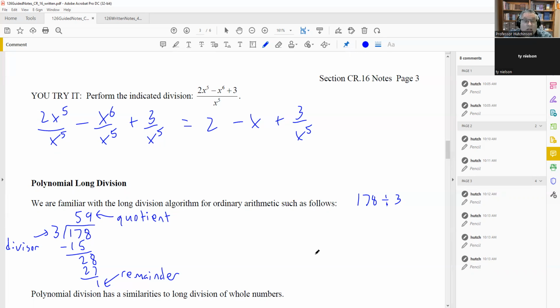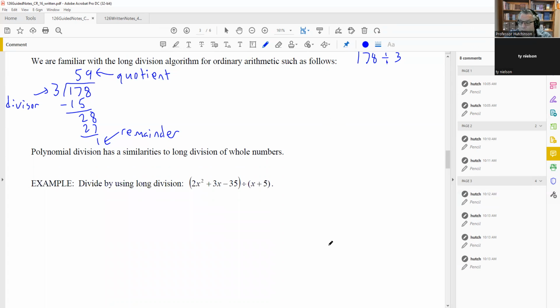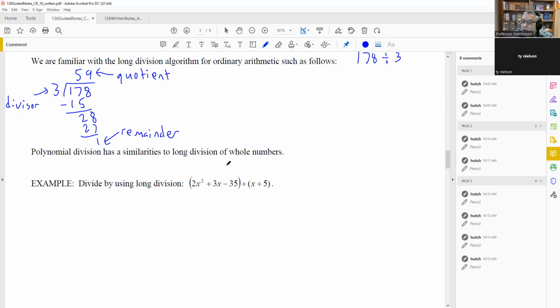We're actually going to do the same thing, except we're going to be talking about working with the algebra on that instead. So before, the first thing was what goes inside the division bar. So we're going to do the same thing here. The second thing that's going to go on the outside, x plus 5.